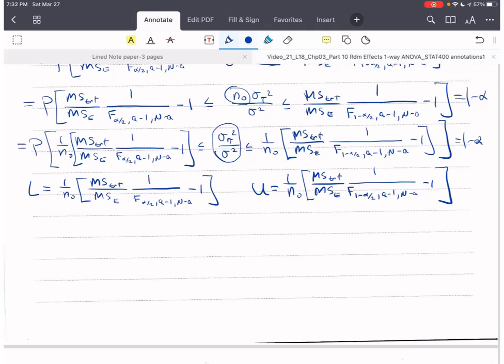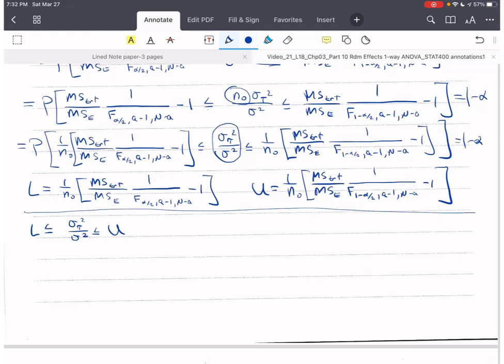So what we have here is sigma tau squared over, I'm going to move this over to the side. So a little bit of algebra, and we're going to have to use a separate sheet of paper here. But we have L is below sigma tau squared over sigma squared, and U here.